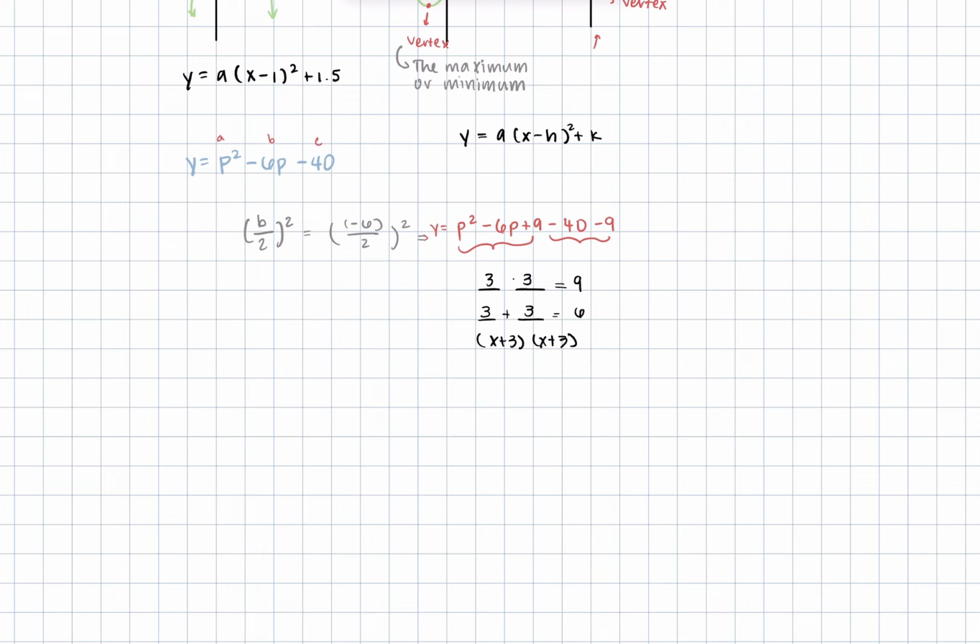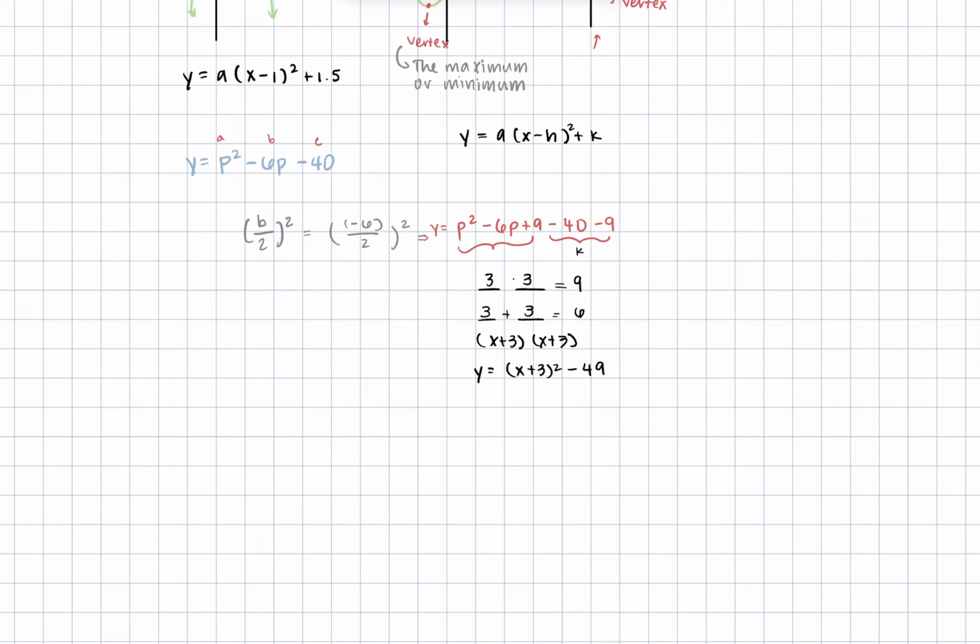So we would have y equals a times (x plus 3) squared, and then this is our k value. Negative 40 minus 9 is negative 49. Remember, I didn't put my a value here because it's just 1 for this question, so we can just leave it as it is.